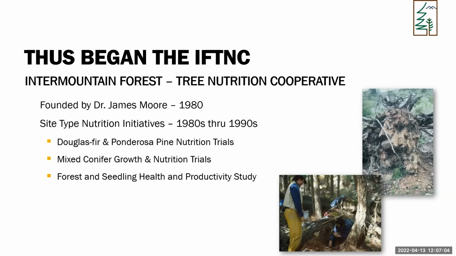And it was called Tree Nutrition Cooperative at that time because it was recognized that we had some limitations in, say, nitrogen in our forests. And we all know that nitrogen is one of the critical elements for photosynthetic activity, which builds your photosynthetic factories and is responsible for tree growth.